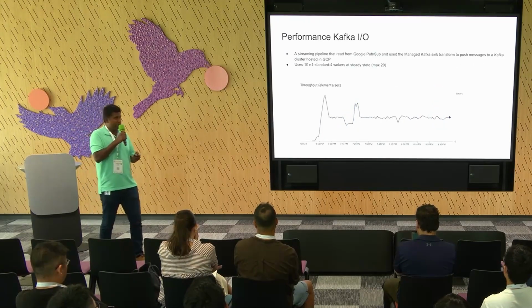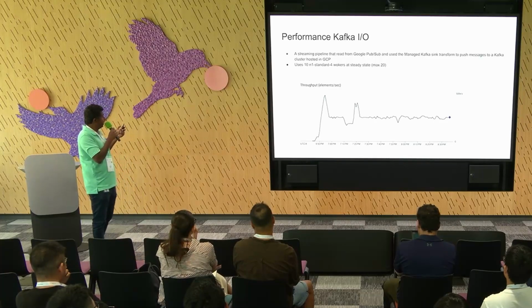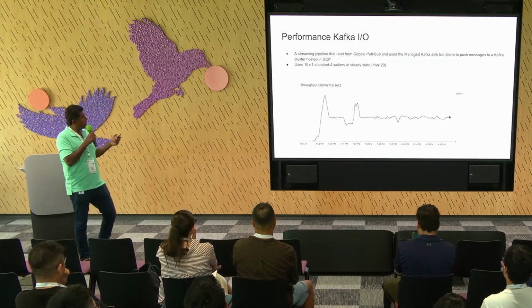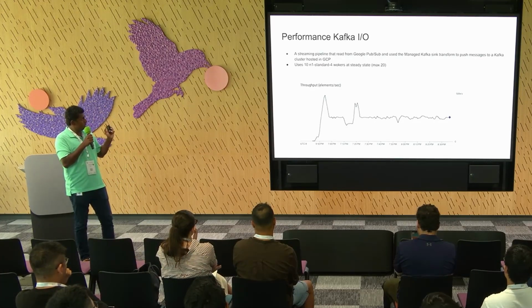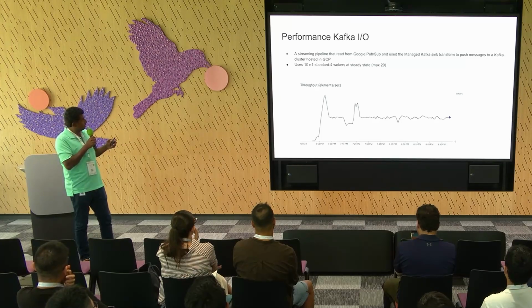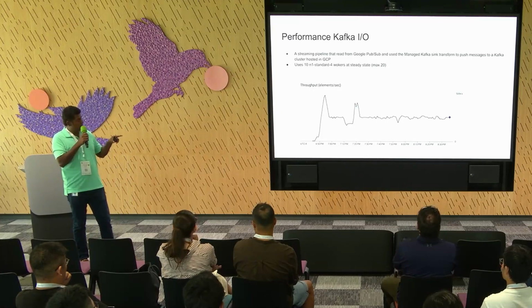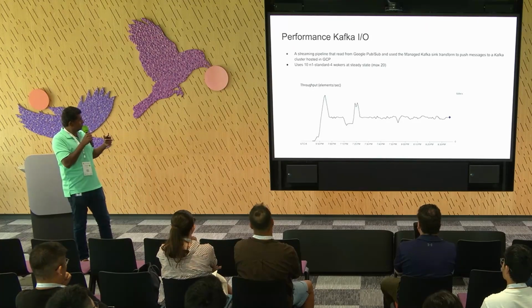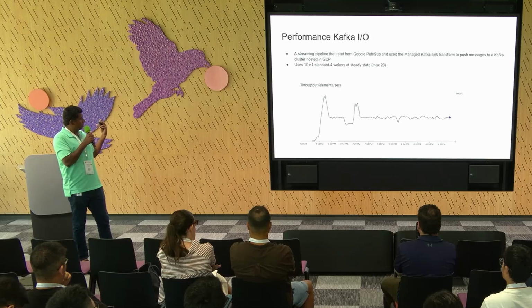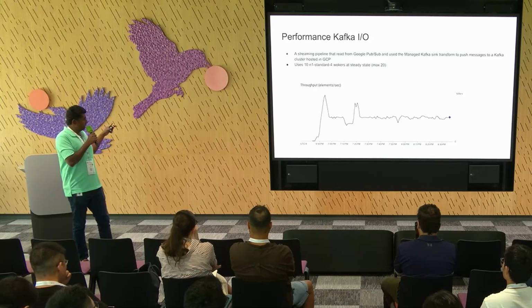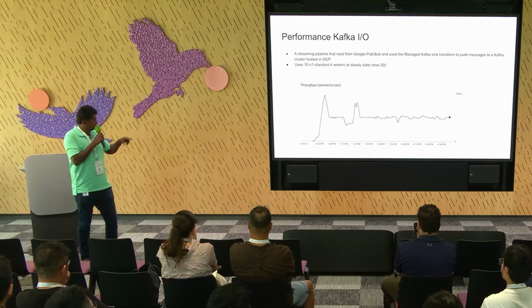We also ran a streaming pipeline. Here, we read data from Google PubSub and wrote using the managed Kafka sink. At steady state, this pipeline used 10 N1 standard 4 VMs, and the max was set to 20. We ran it for a few hours, and as you can see, it was pretty stable.